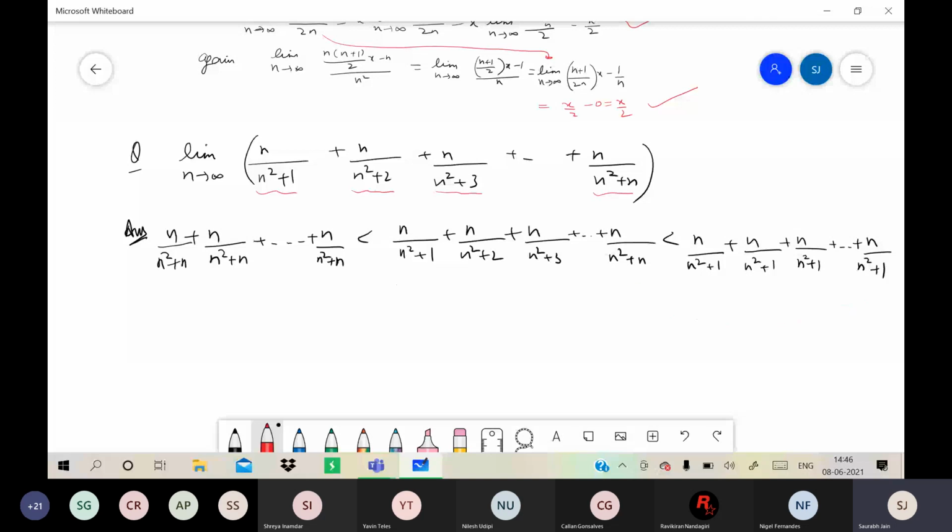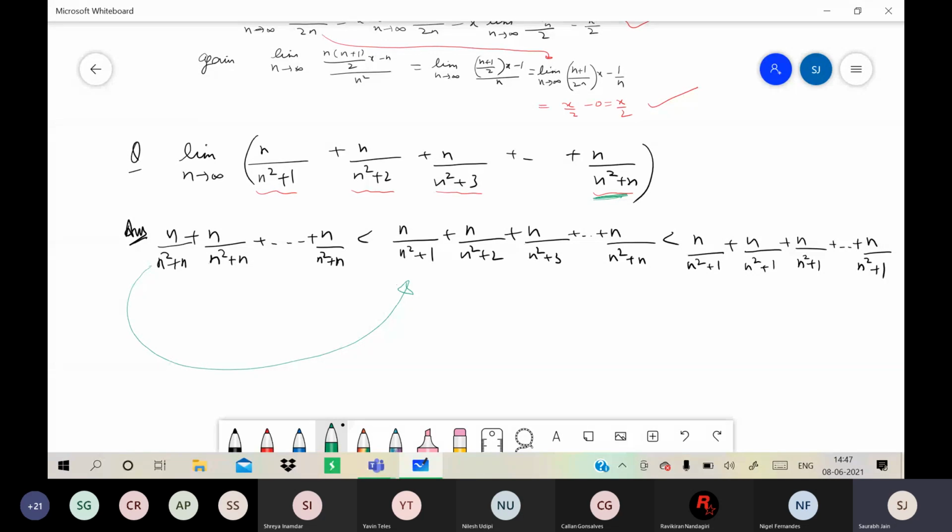Now on the left hand side, we fix the denominator n square plus n. If you observe these two, again the numerator is the same, but this time the denominator n square plus n is greater. Since the denominator n square plus n is greater, which value will be more? Obviously n upon n square plus 1 will be more.